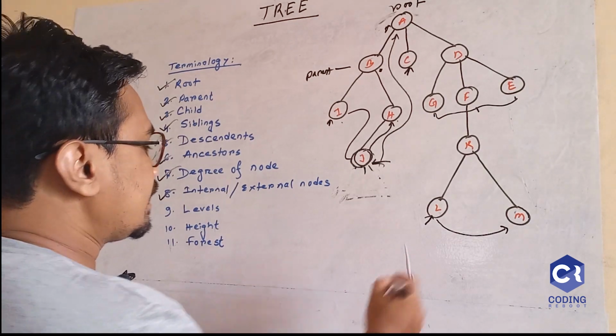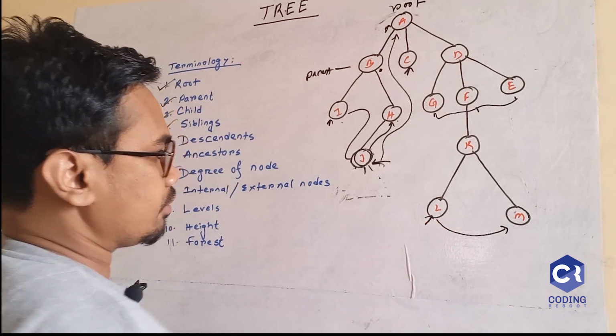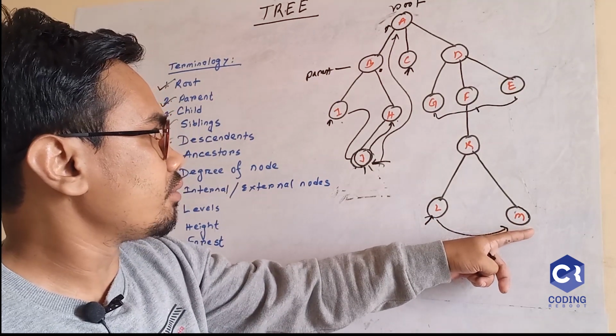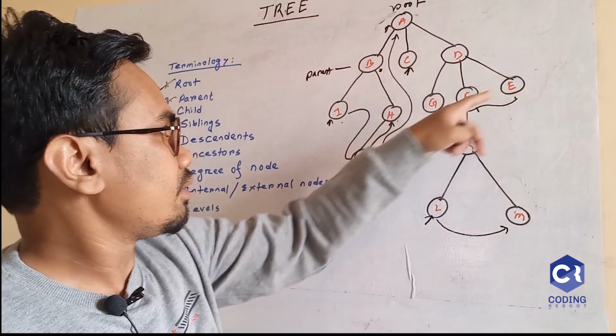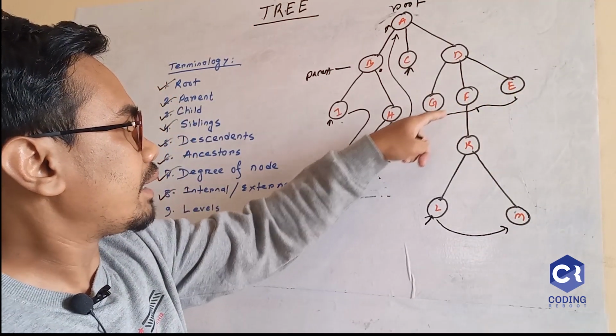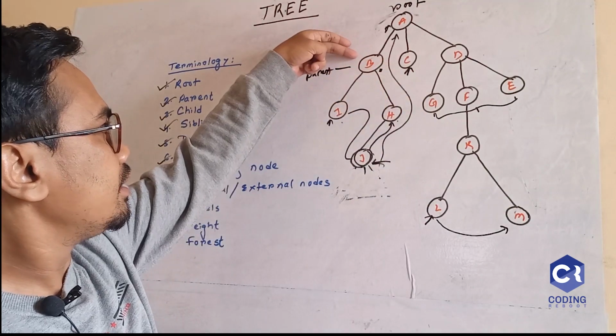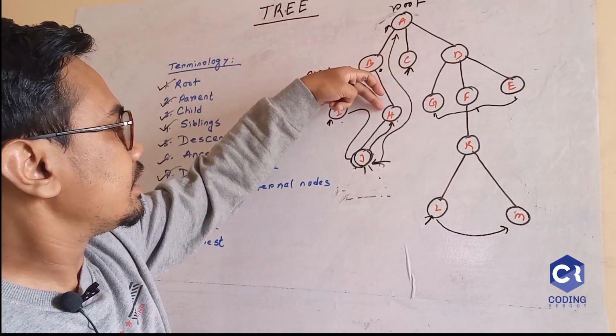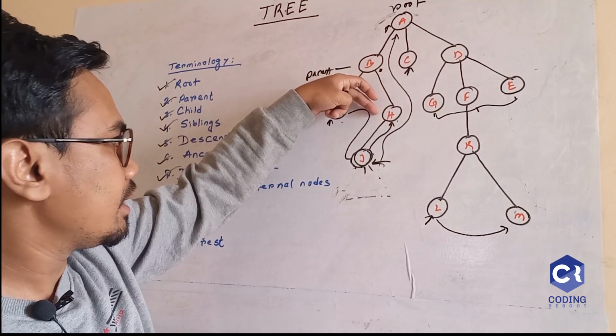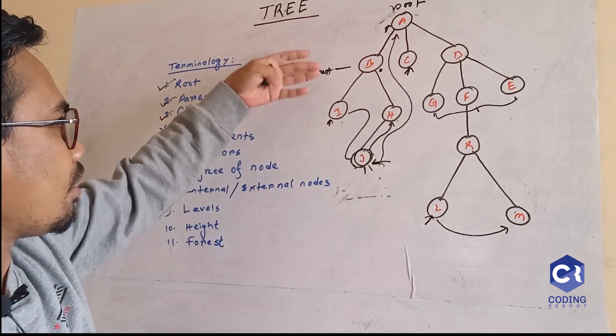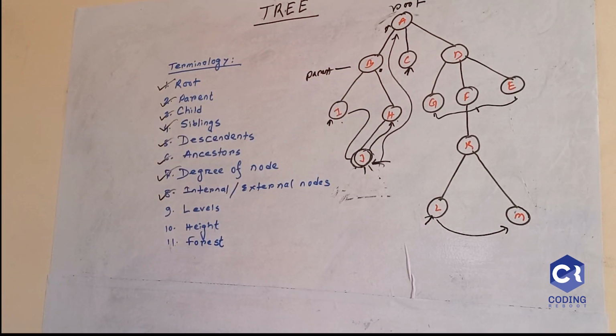So it is also an external node or leaf node. M is also a leaf node. E is also a leaf node, G also a leaf node. But F, K, B, H are not leaf nodes or external nodes. We call them internal nodes.